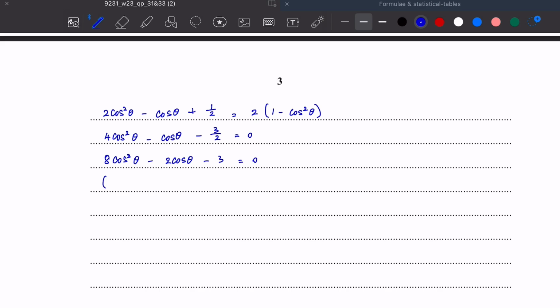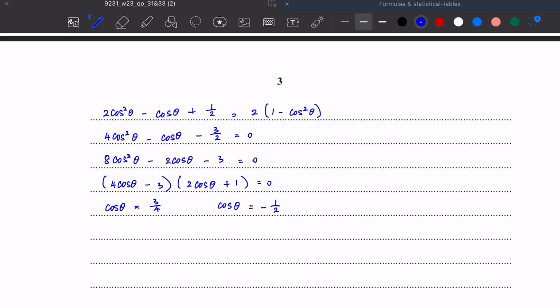And we can factorize it to get 4 cos theta minus 3 and 2 cos theta plus 1. So the value of cos theta would be either 3/4 or negative 1/2.